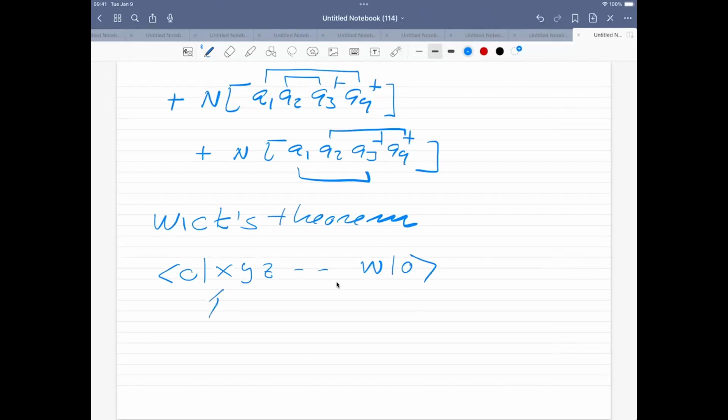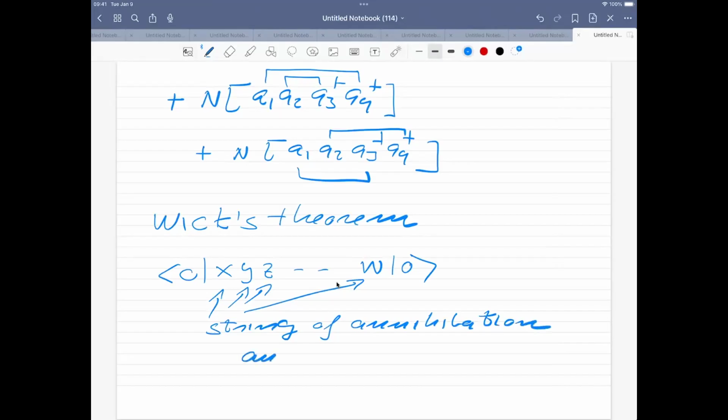Each one could be just one creation operator, or it could be many, or it could be a mix of creation and annihilation operators.